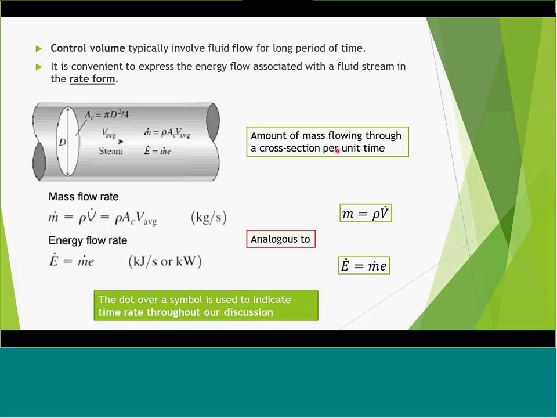Basically, the amount of mass flowing through the cross section per unit time, because the time is moving. When the flow is there, the time is moving from one end towards the other end. So we know the mass flow rate.